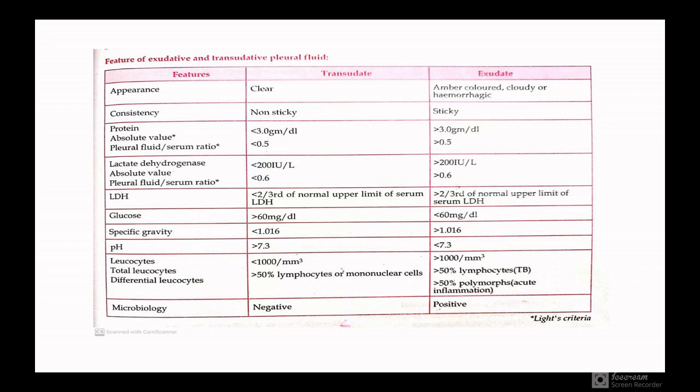Specific gravity will be less than 1.016, but in exudate it will be more than 1.016. pH in transudate will be more, that is more than 7.3, but in exudate it will be less than 7.3.